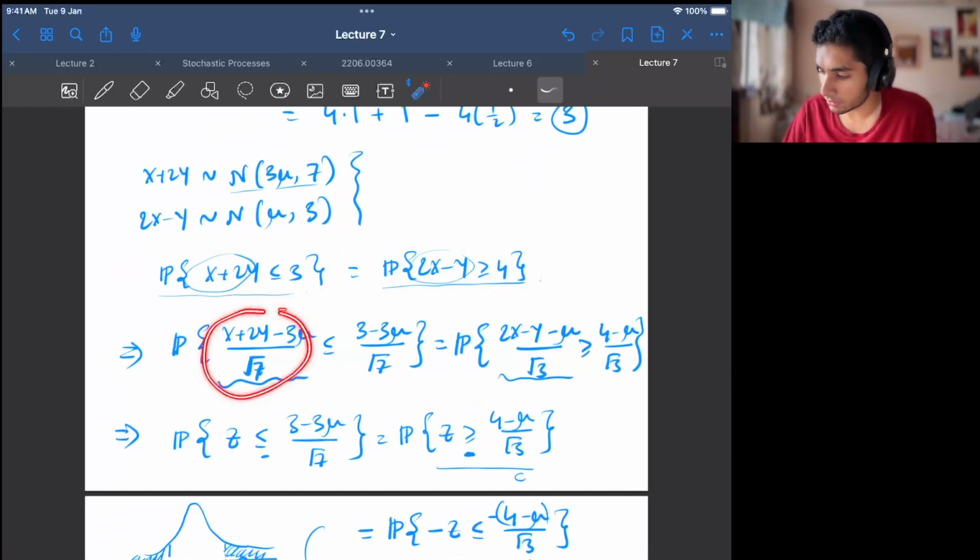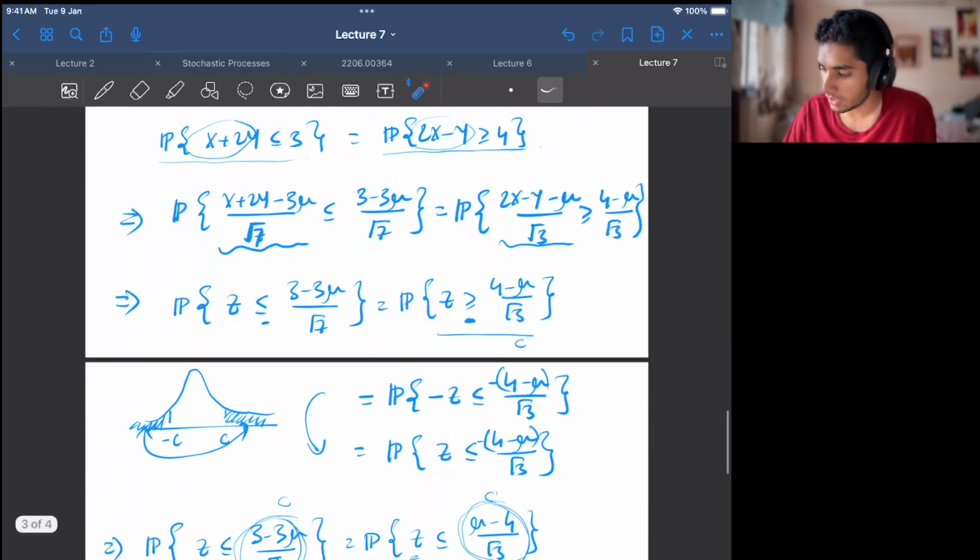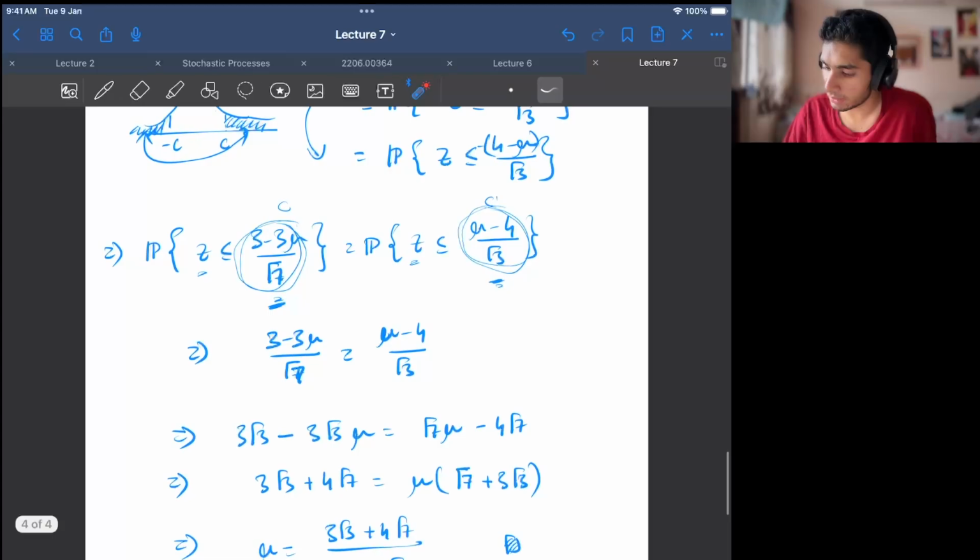We converted each of them to a standard normal distribution for our convenience, and once they came in this form, all we did was use the fact that z is a continuous random variable, and hence it is not possible to have the same CDF at two different points. It has to be the same point, and hence we can equate these two values.